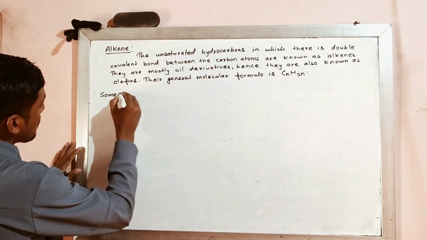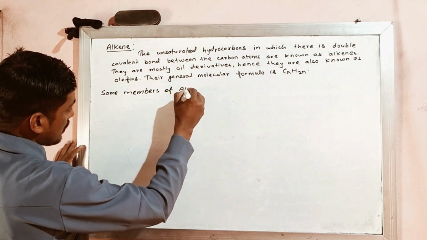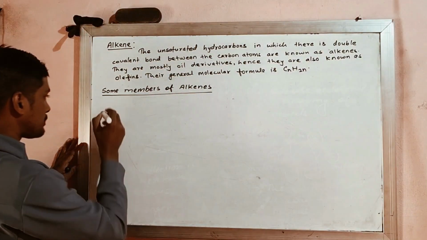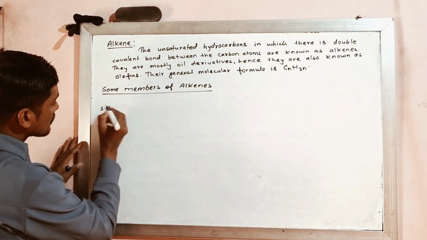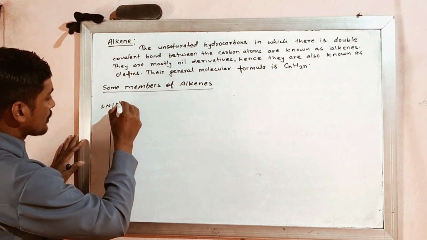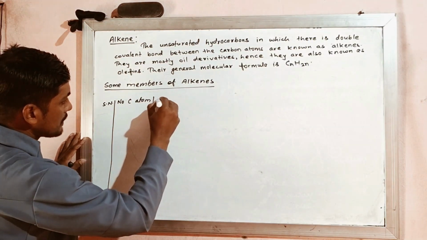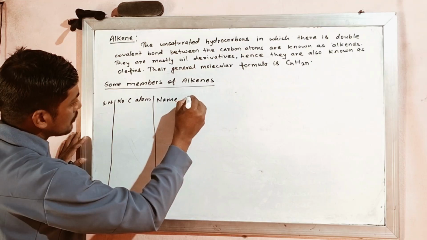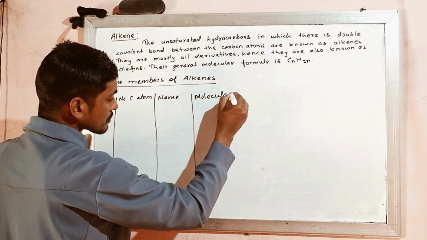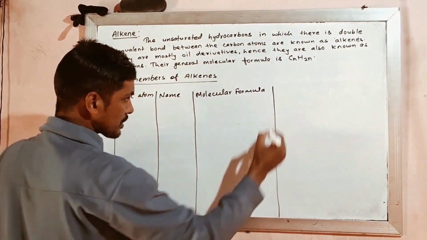Some members of alkenes: number of carbon atoms, name, molecular formula, and structural formula.